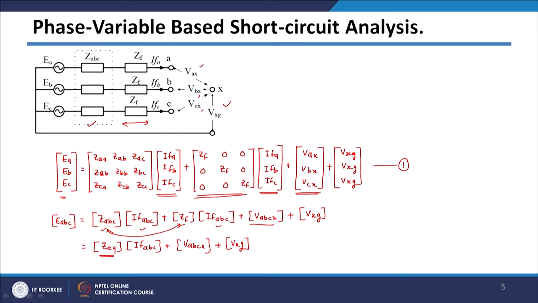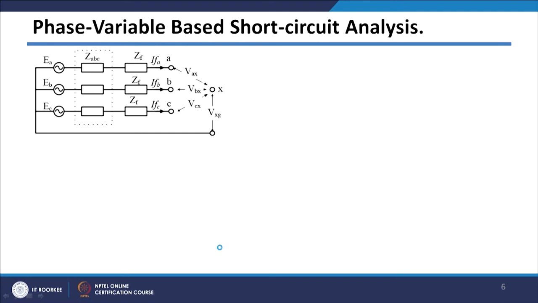I will take this on the next slide. So, basically what we have got is this one: EABC is equal to Z equivalent into IFABC plus VABCX plus the VXG matrix.